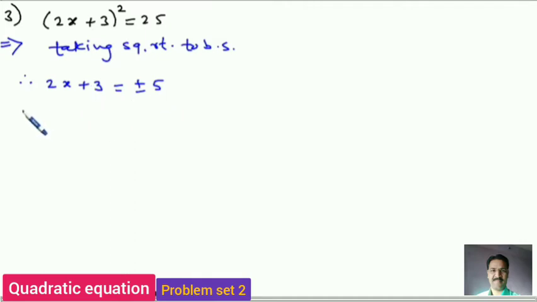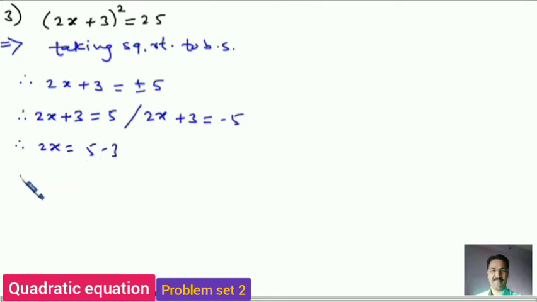Now we can write 2x plus 3 is equal to 5, or 2x plus 3 is equal to minus 5. Now it is very simple: 5 minus 3, so in the next step 2x is equal to 2.